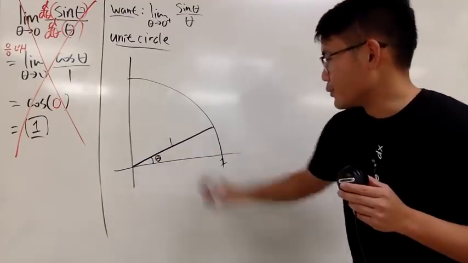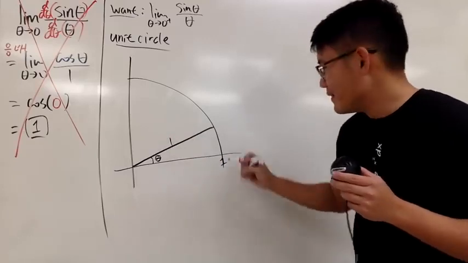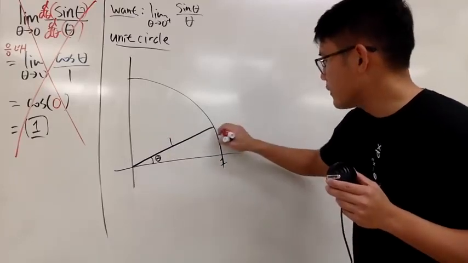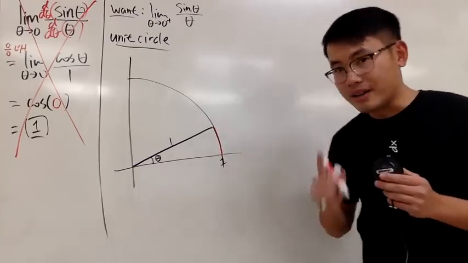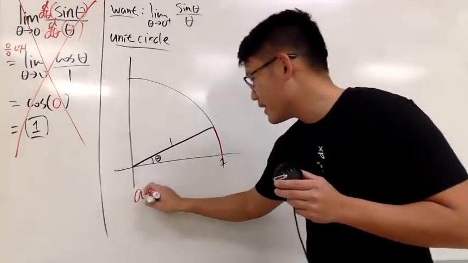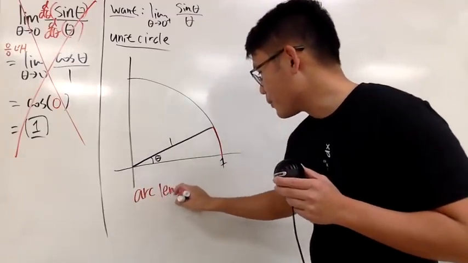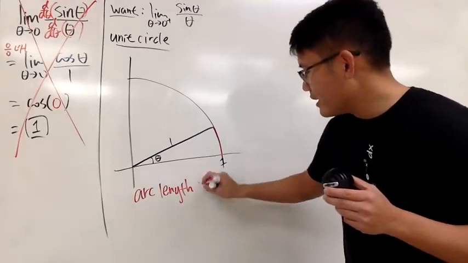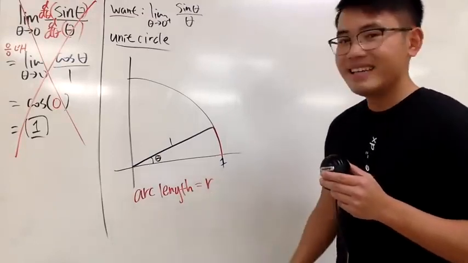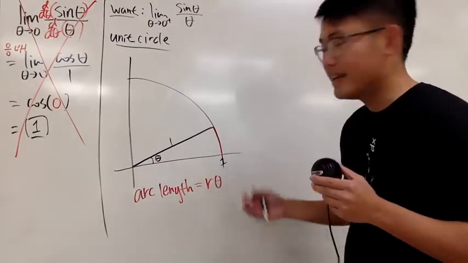Now, I know this is 1, of course. Next, let's first look at this arc. On the circle, the arc has a formula, the arc length formula. We just need two things. First, we need r, the radius, and next, we need the angle theta in radians.